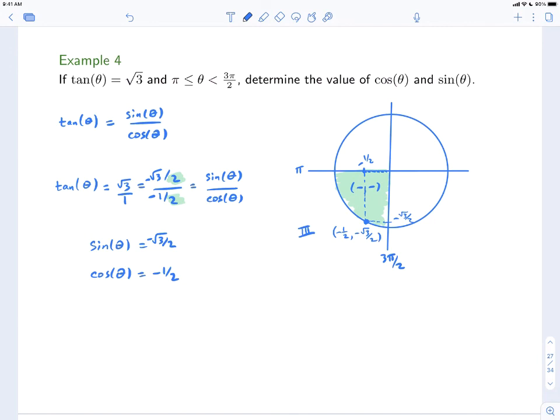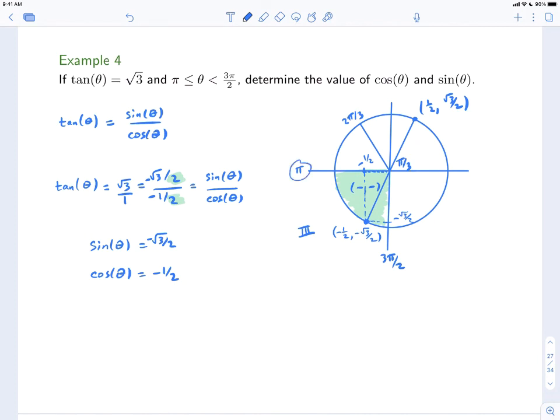So we want to figure out what angle that is. And how do we figure that out? Well, really, we want to know our reference angle. So if I just keep going through here like that, to this point, this is 1/2, square root of 3 over 2. So this is pi over 3. And then over here, this one's 2 pi over 3.